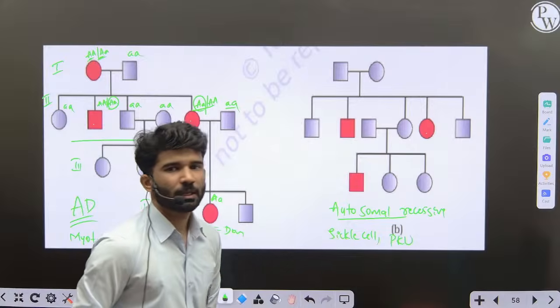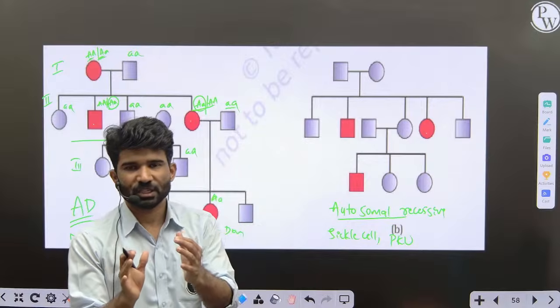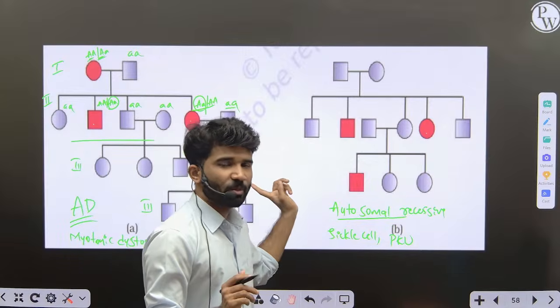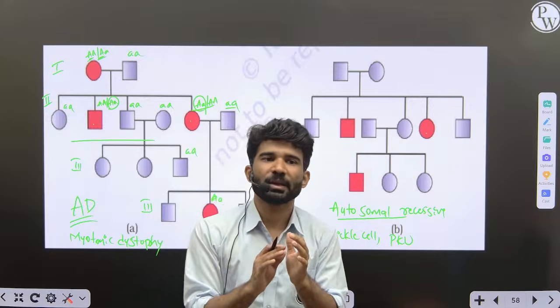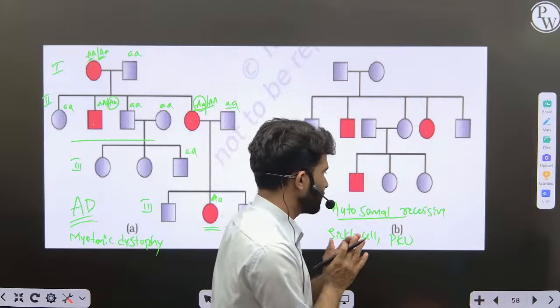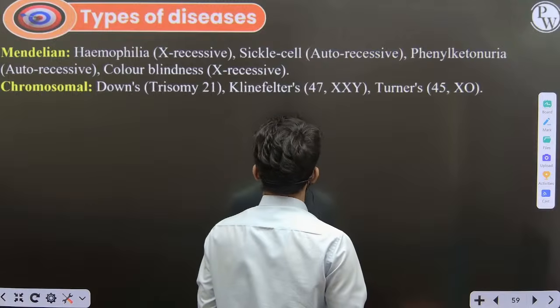In the NCERT textbook, these are the only types given: autosomal dominant, autosomal recessive, or X-linked recessive, which is a crisscross pattern, like hemophilia as well as color blindness.